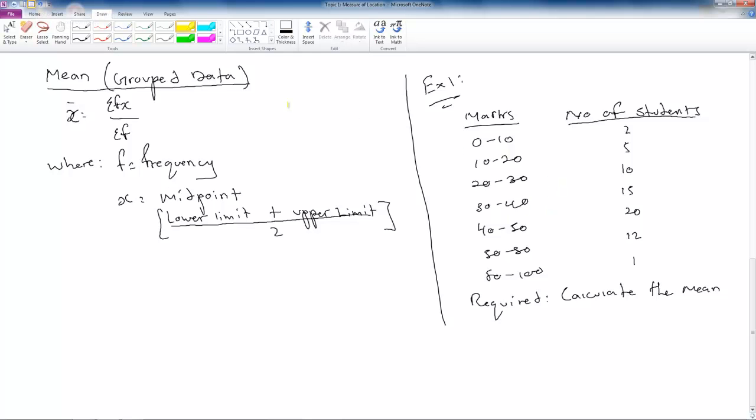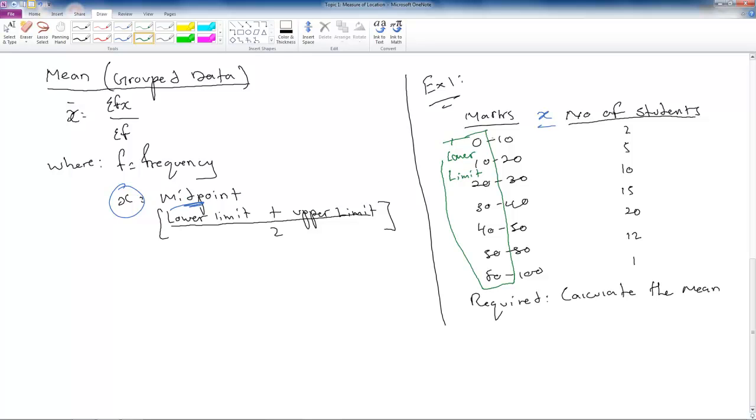First of all, you must calculate starting from the x, which is the midpoint. So over here, whatever is on your left hand side, we call the lower limit.